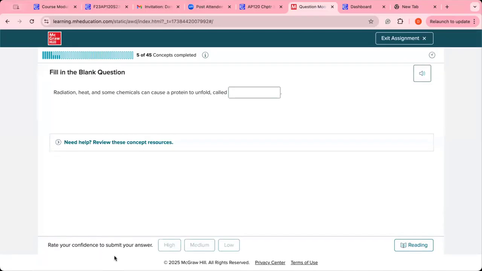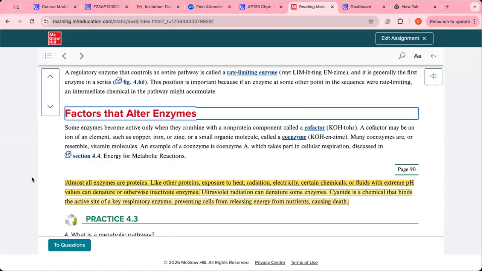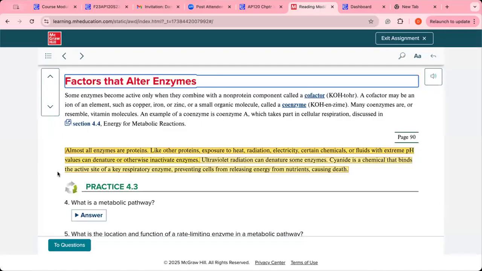Radiation, heat, and some chemicals can cause a protein to unfold called what? Okay, so almost all enzymes are proteins.